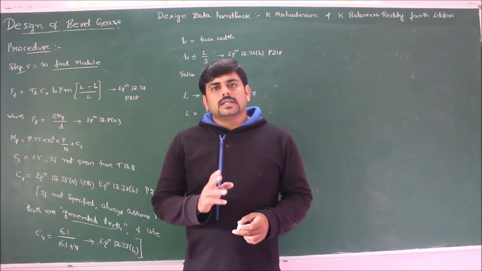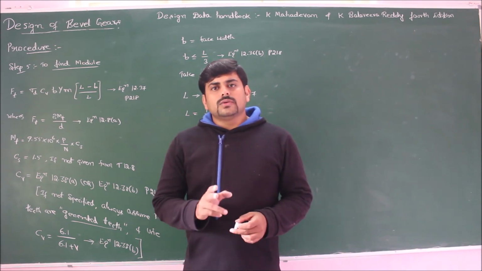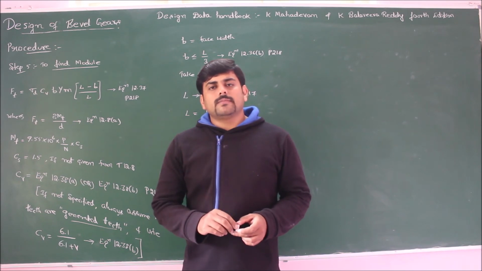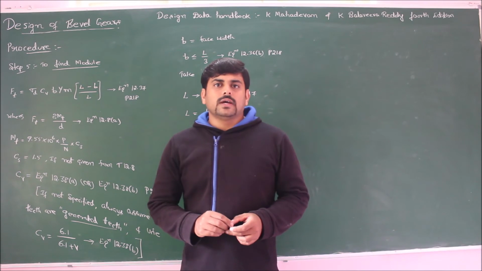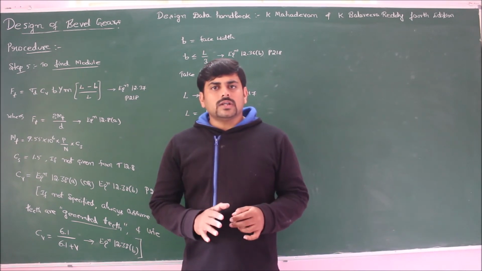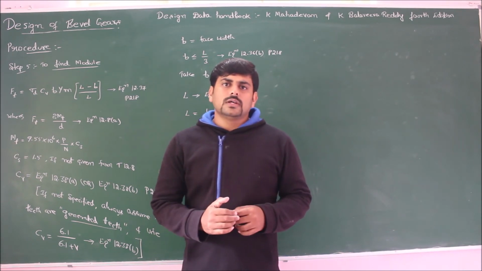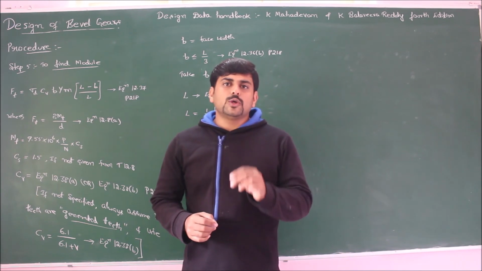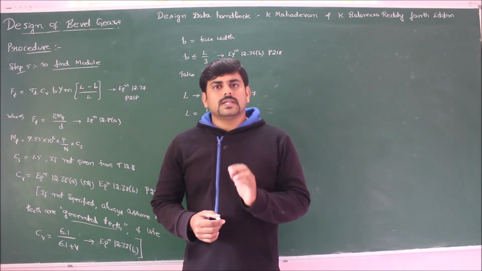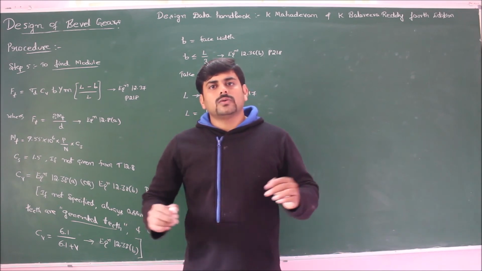That is, if I want to use diameter, then replace diameter by m into z, where m is module and z is number of teeth. Likewise, express all the unknowns with the help of module. Thereby, you can end up the module equation in the form of m cube cv for problems in which pitch circle diameter is not known to us.